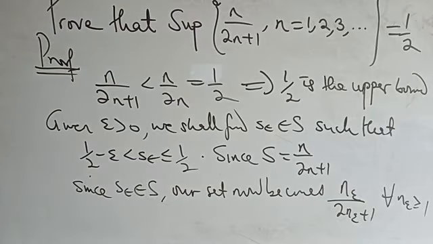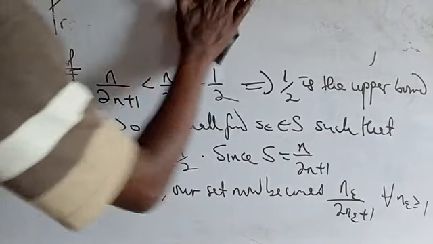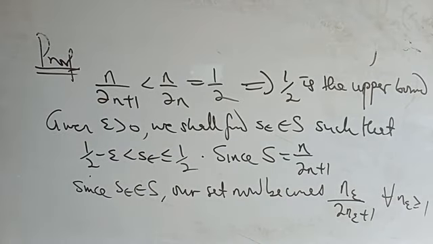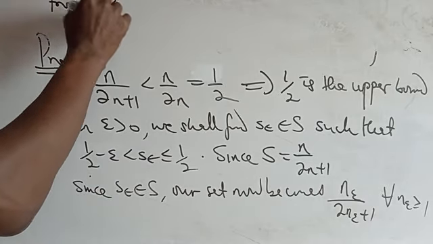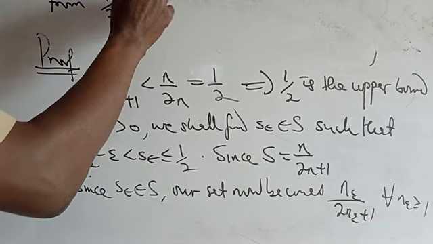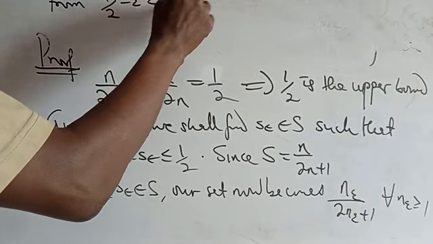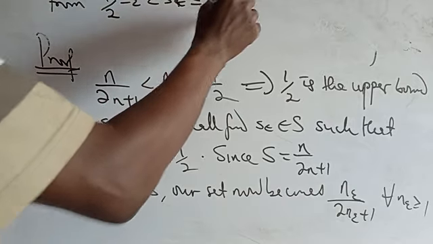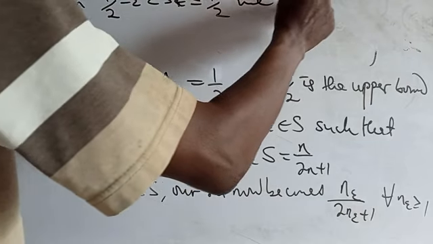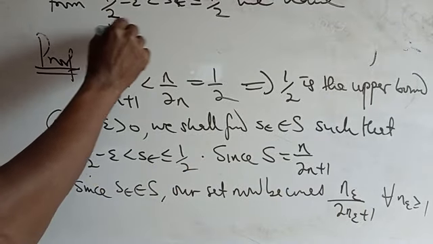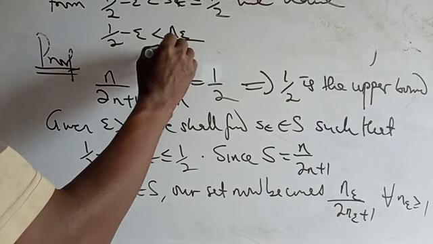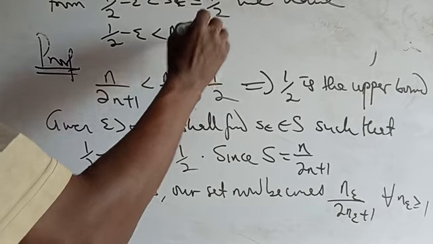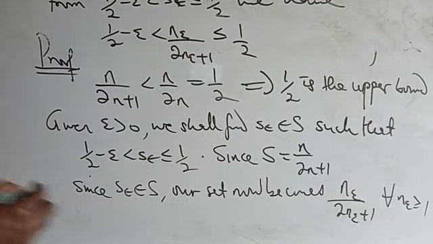Now from half minus epsilon less than S epsilon less than or equal to half, we have half minus epsilon less than n epsilon over 2n epsilon plus 1, less than or equal to half.